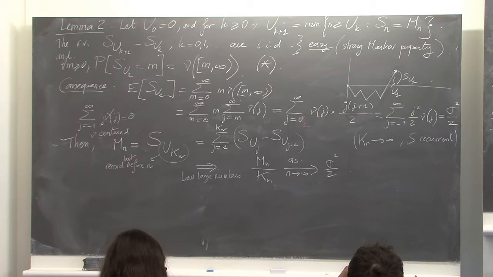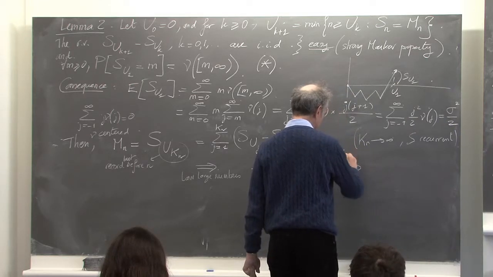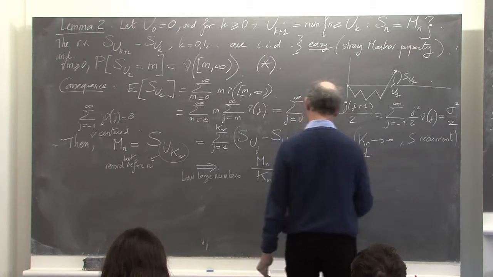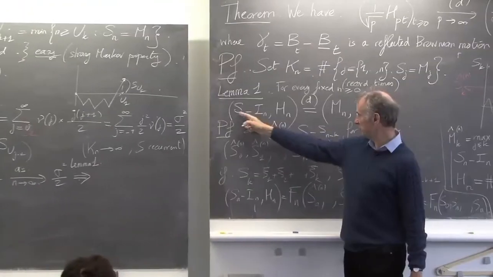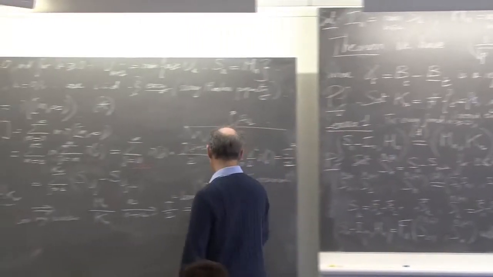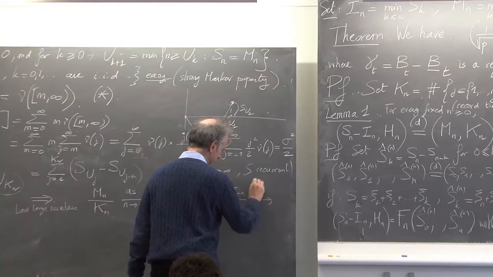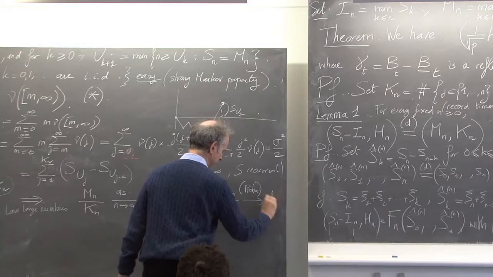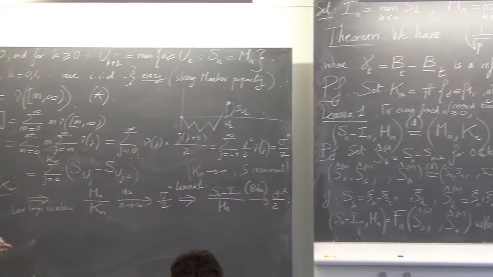Okay, so this is what I wanted to obtain because now I will apply my first lemma. This ratio, Mn over Kn, has the same distribution as this ratio here, Sn minus In over Hn. Okay, so there is a slight subtlety here.